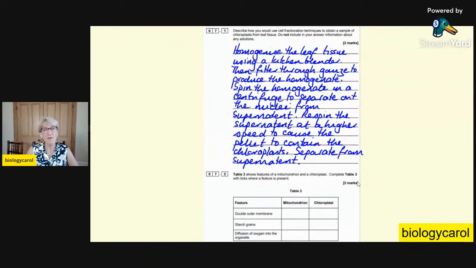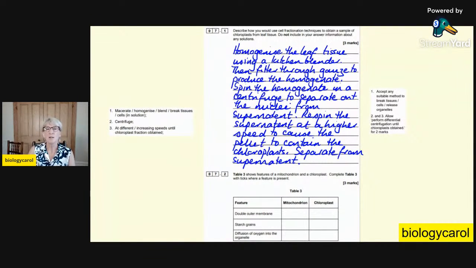And then you separate that from the supernatant. So there's the mark scheme, and I pretty much knew what was going to be on it. I added a bit about the whole filtering thing, but you're never quite sure. And that is where I got the marks.